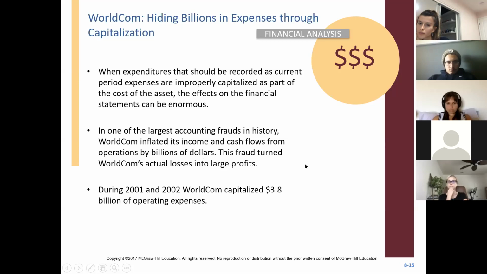They capitalized $4 billion worth of operating expenses. In other words, they increased their profit on paper by $4.8 billion. And in so doing, the public thought it was a better investment than it was. It bought shares in the stock, and eventually everything blew up, okay?